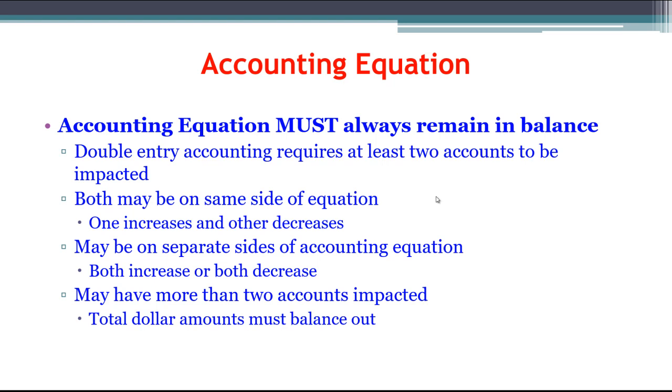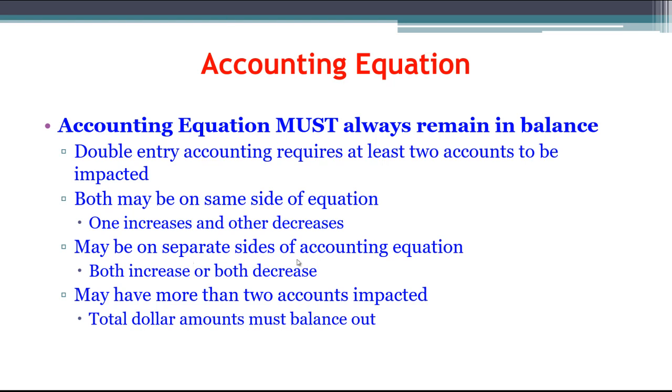Double entry accounting, the name tells us that every transaction has to have at least two accounts impacted, two entries, if you will. Now, in some cases, both of these could be on the same side of the equation. We might have one asset increasing, another asset decreasing by the same amount. We don't have to have anything on the liability and equity side in that case.